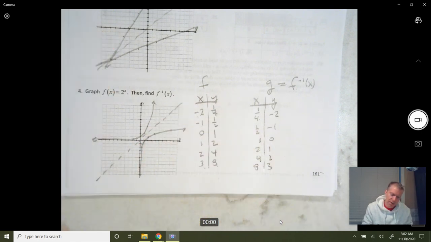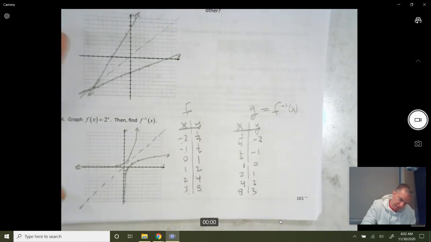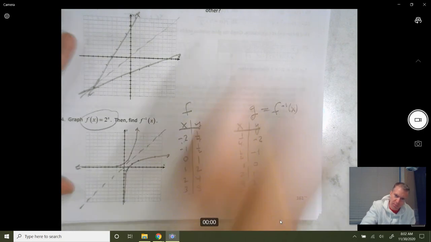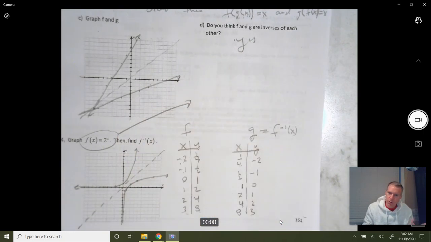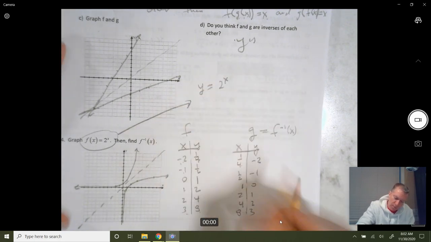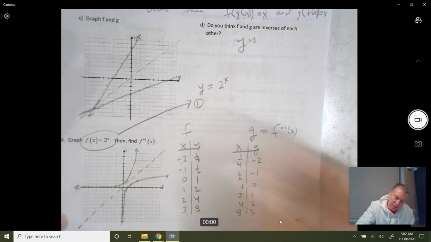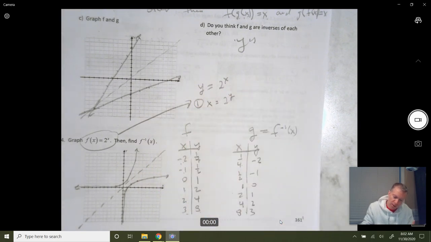Now, one more thing that's really cool. Let's go through our two steps up here. So we've got y equals 2 to the x. Step 1, swap x and y: x equals 2 to the y. Solve for the new y.